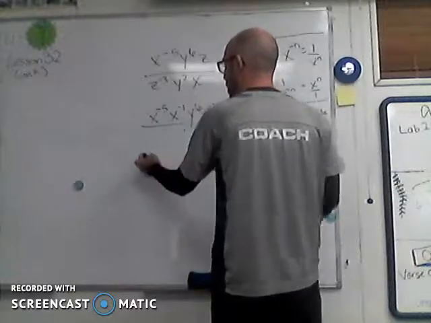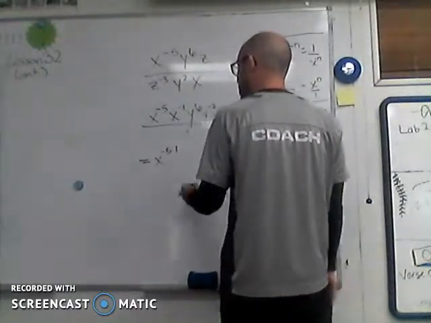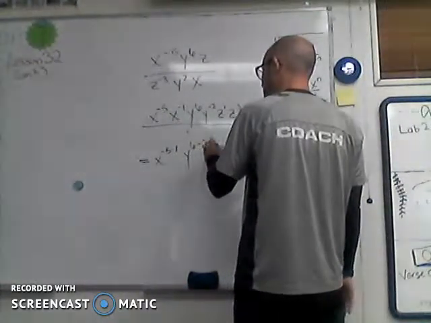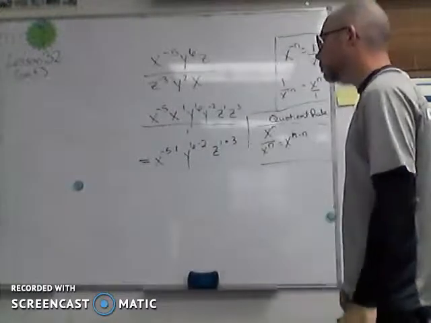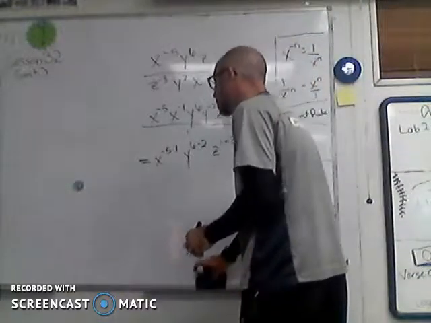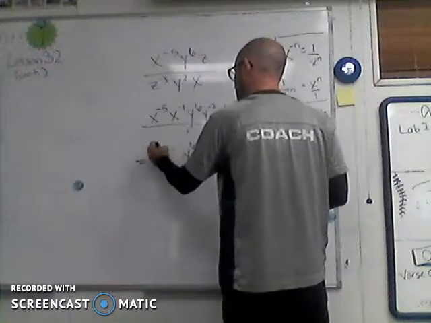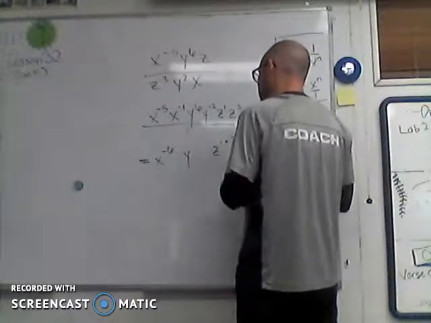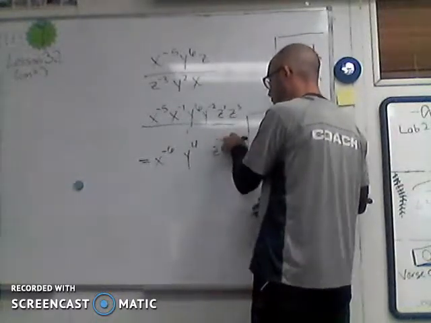Now let's squish it all together. I get x to the negative 5 minus 1, y to the 6 minus 2, and z to the 1 plus 3. So the first one becomes x to the negative 6, the second becomes y to the 4th, and z becomes z to the 4th.